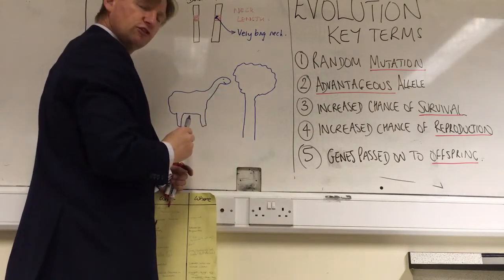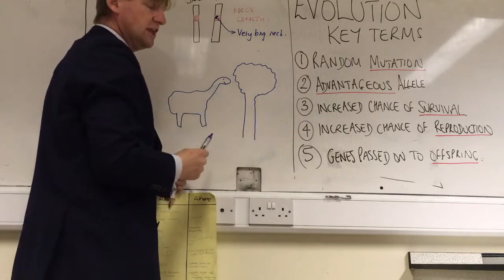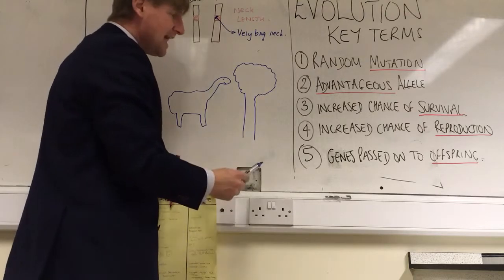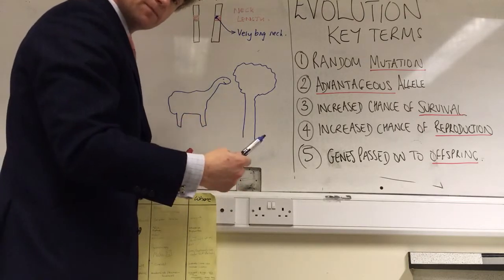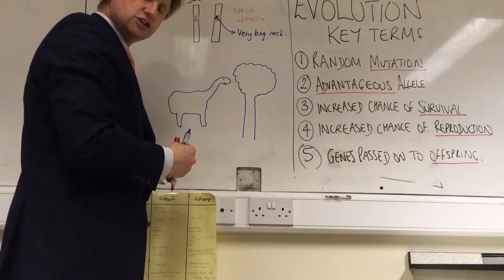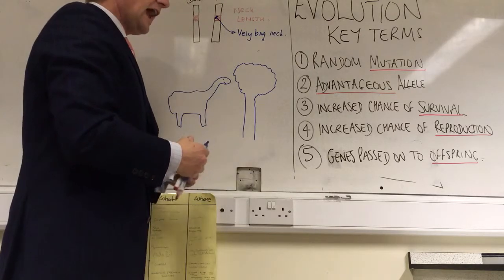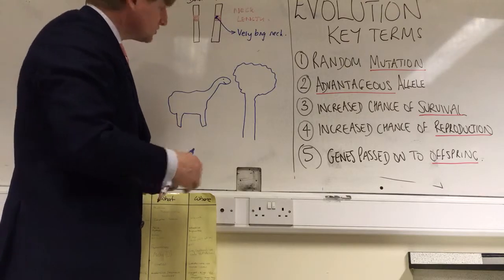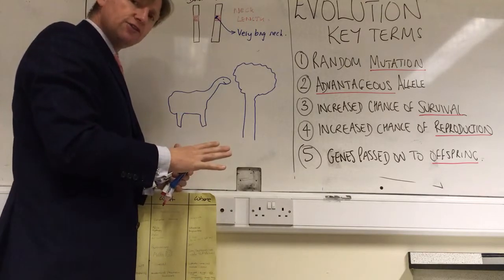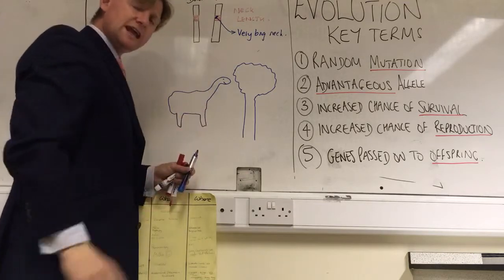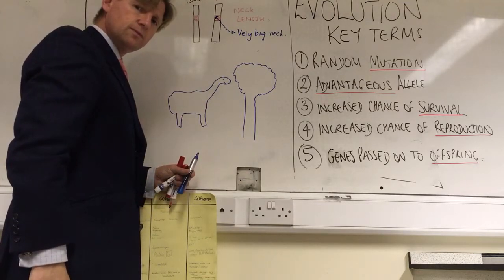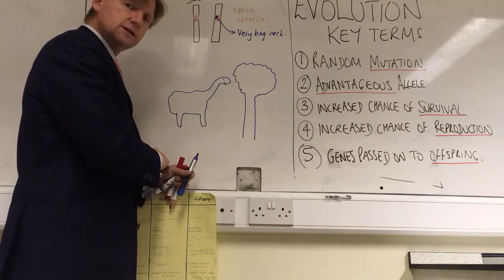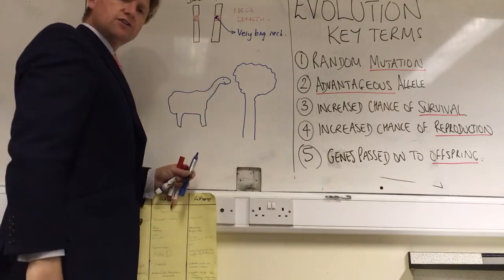And now, we've got some organisms in the population, once the offspring have been born, that have got longer necks. And then, over time, these ones that have the advantage survive. And the ones that don't may die off. And so in 1,000 years, you might only have the longer-necked organisms. And therefore, the shorter-necked are extinct, and these guys are surviving.